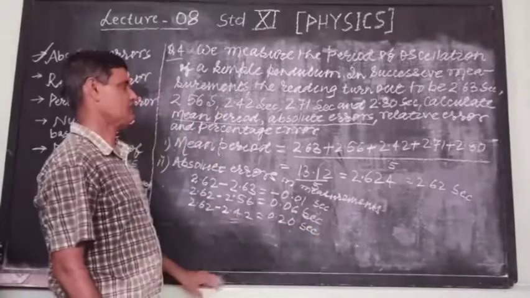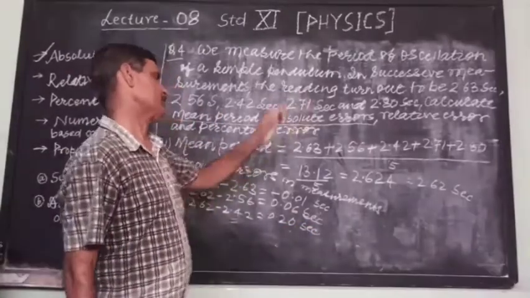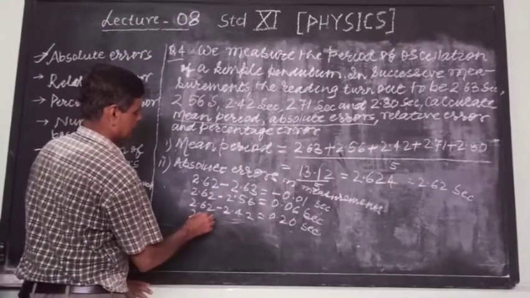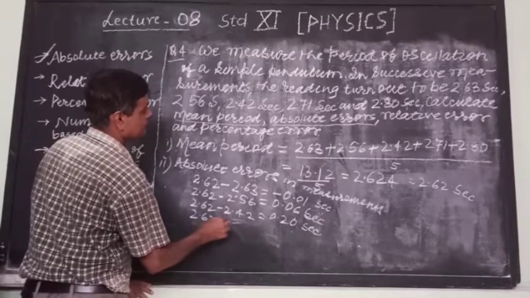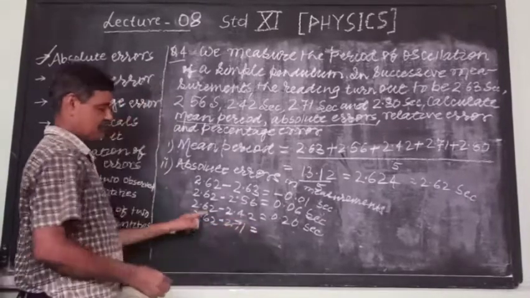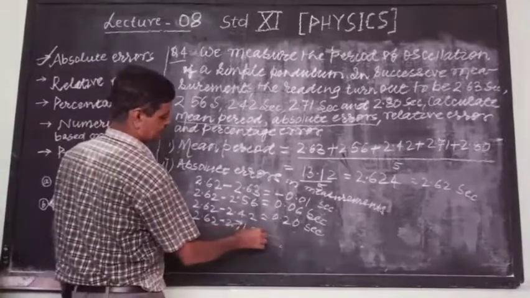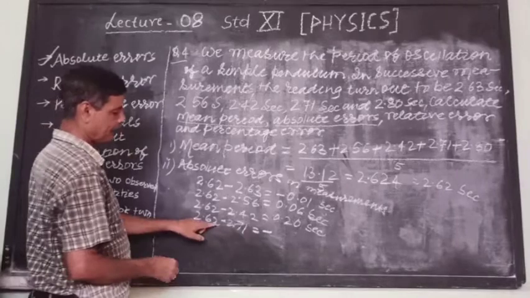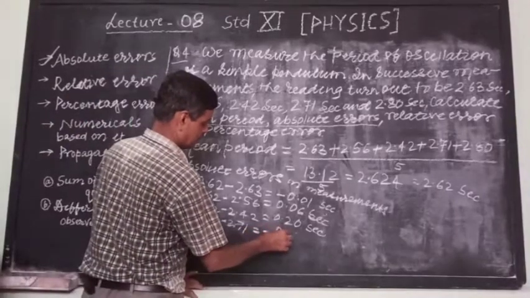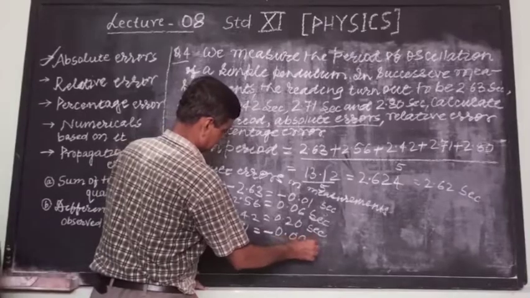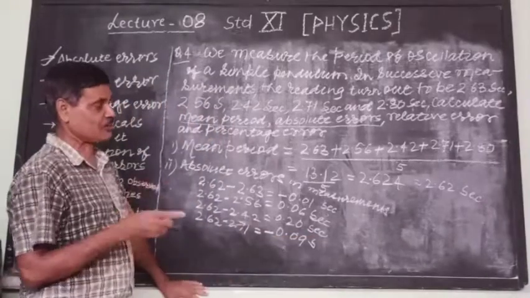Fourth reading was 2.71. 2.62 minus 2.71, this minus this, the result will be negative, minus 0.09 second. And the last observation was 2.80.